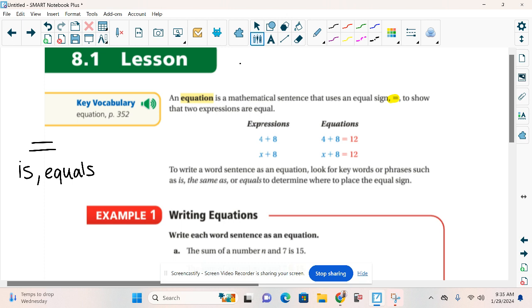Anytime we see those two things, it's going to mean that there's an equal sign there. It can also mean the same as, which is also right here in your notes. Anytime you see that, that means equal.